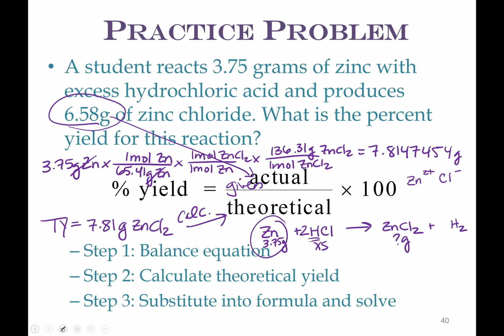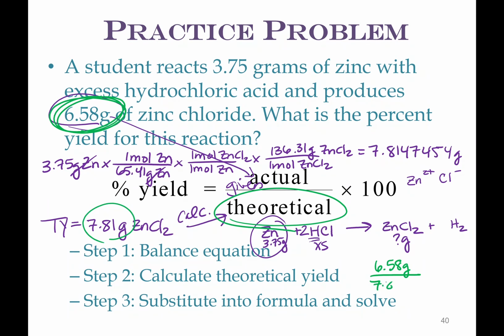Oh, I want to actually calculate that. Let me just change colors. So I take the actual value, 6.58 grams, divided by the theoretical, which in this case is 7.81 grams, times 100.